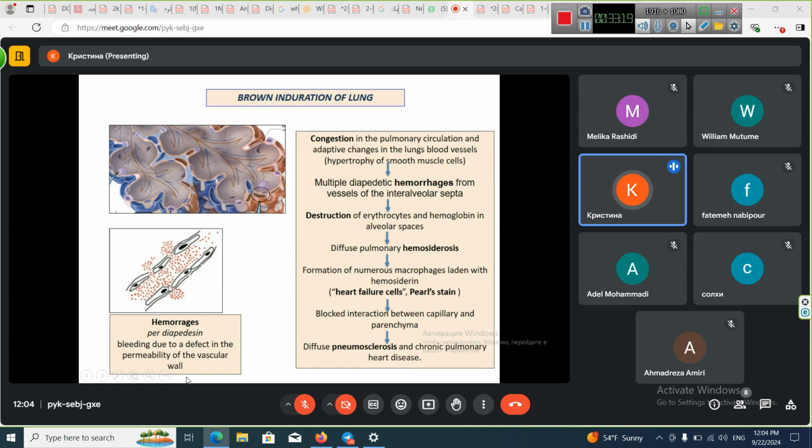newly appearing holes and gaps between endothelial cells, and blood starts to go out from the capillary.